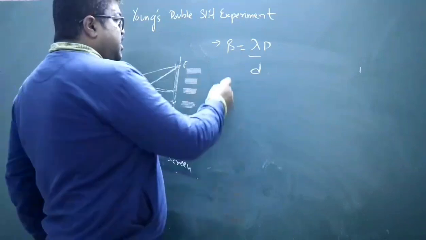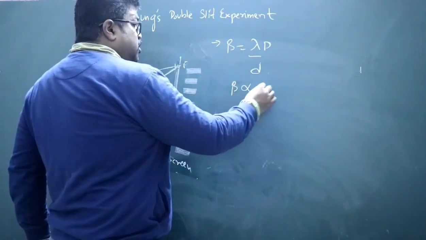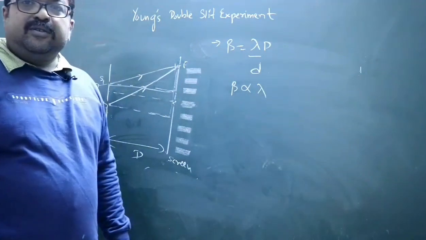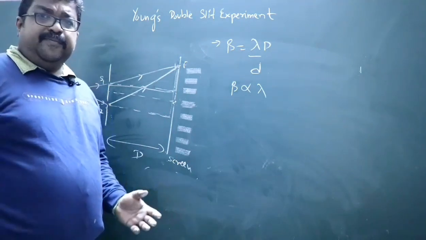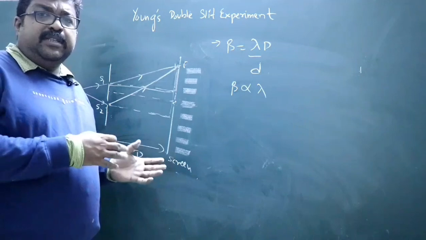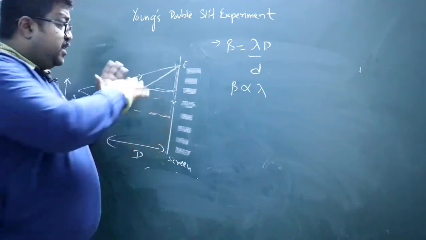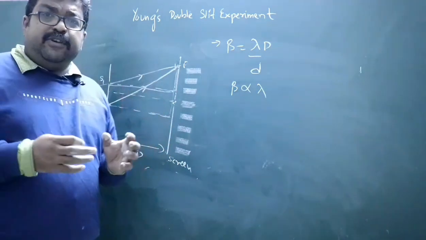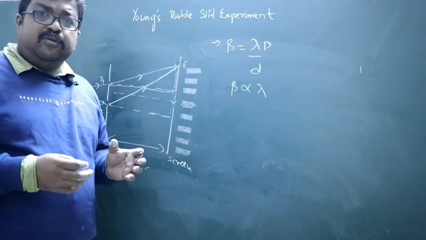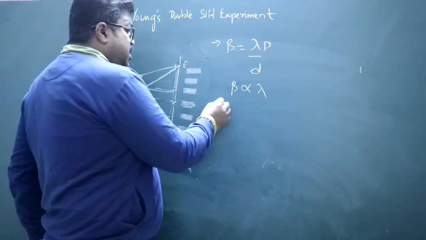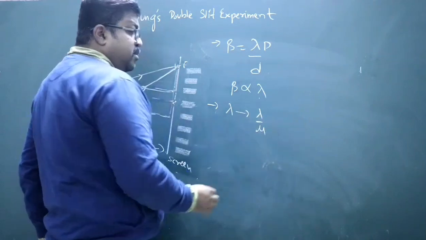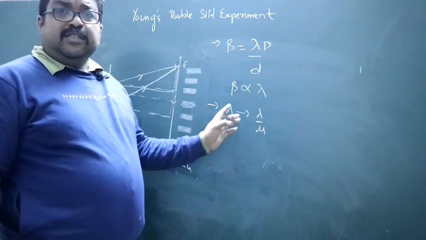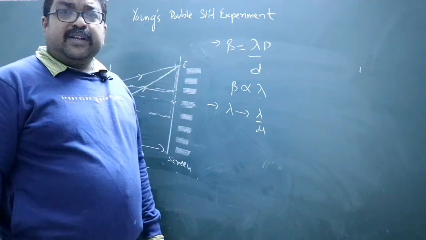This relation says that beta is proportional to lambda. Suppose this experiment is conducted in air, and then, without disturbing the setup, the entire setup is immersed in a liquid of refractive index mu. In the liquid, the wavelength lambda becomes lambda by mu, because wavelength is inversely proportional to the refractive index.